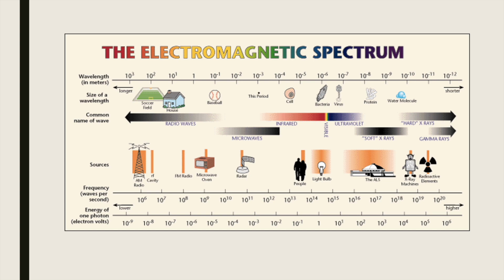Visible light, obviously any light that we can detect with our eyes is visible light, which if you look at the whole electromagnetic spectrum, is a very, very tiny part of it. So the light that our eyes are actually able to detect is just a very small amount of all the different electromagnetic waves that exist.